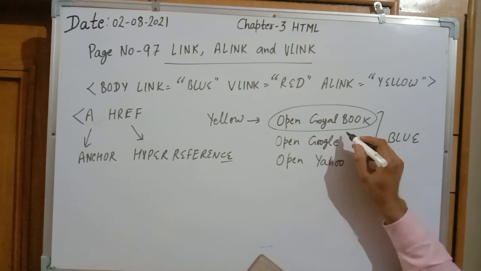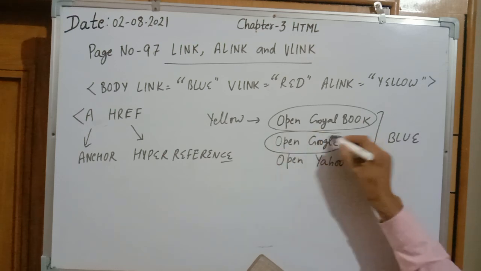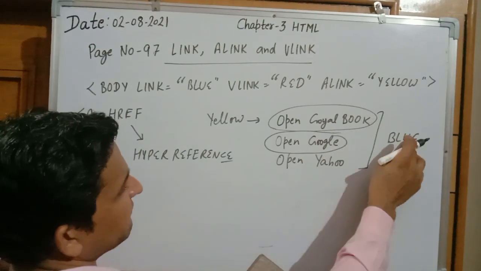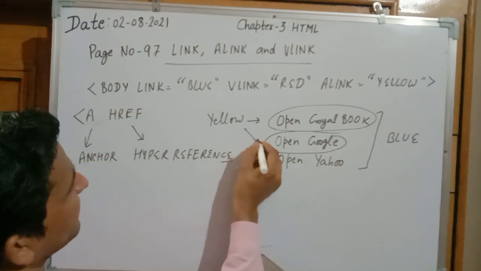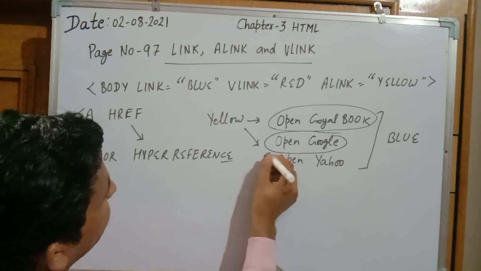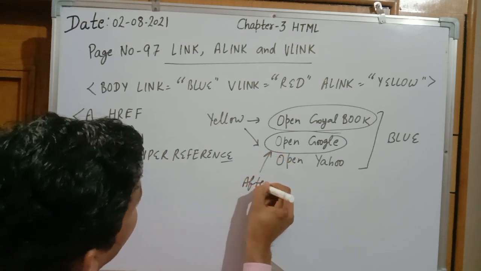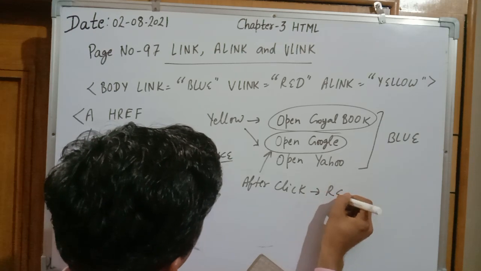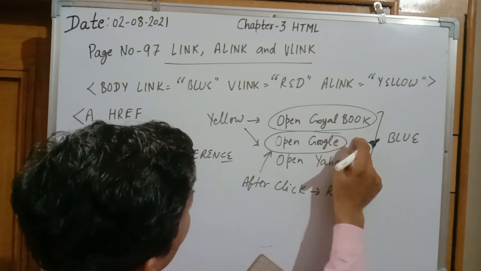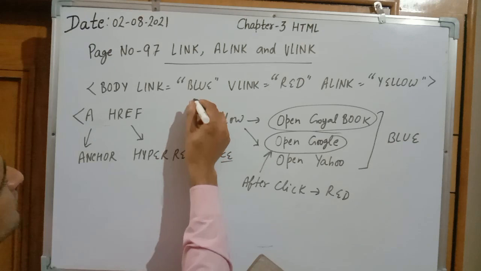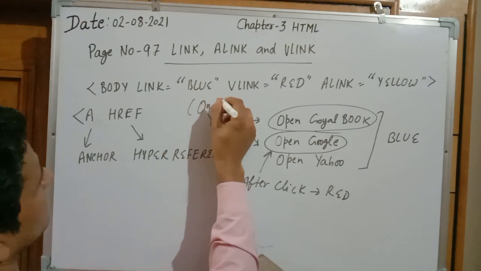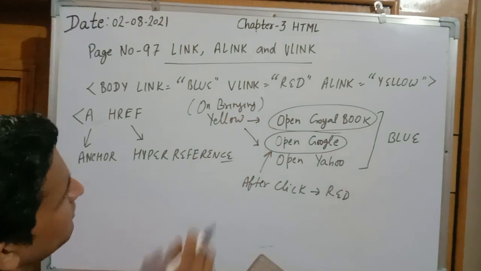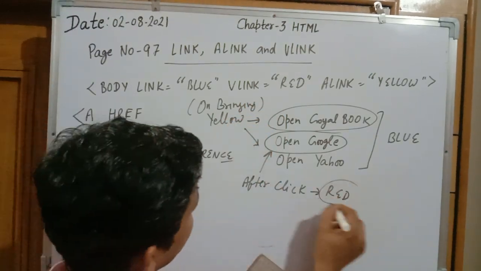Suppose I have clicked on Open Google. So what will be the effect? In the starting it was blue color, afterward it converted into yellow color, and after the click it will become red color.